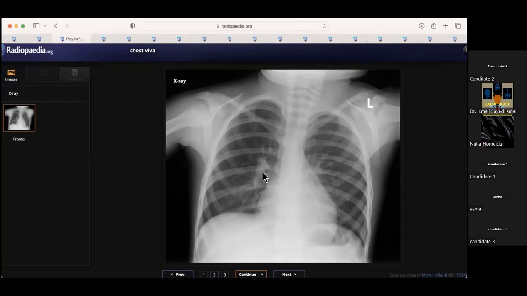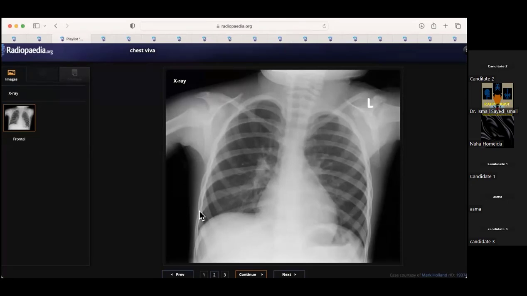Yeah, okay. I will recheck both lung fields. I can see that there is a little bit of increased lucency and a little bit of hyperexpansion of the right lung volume.